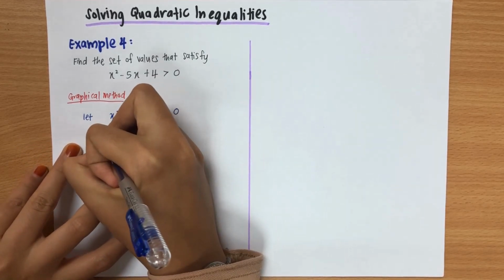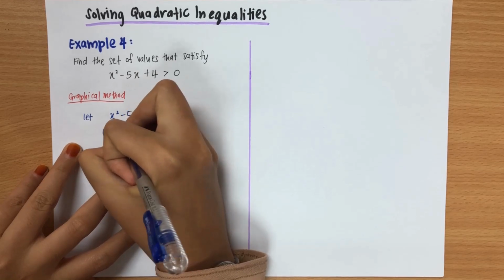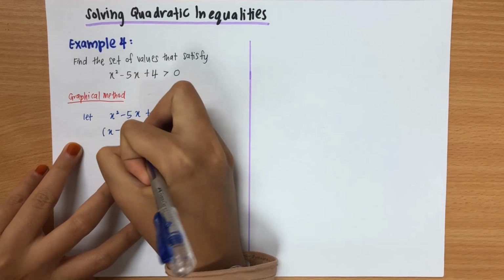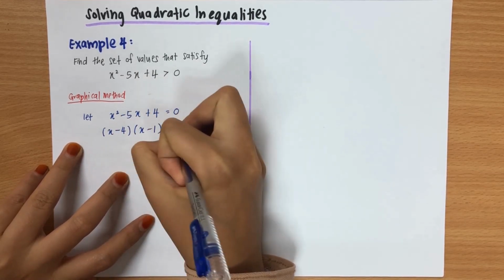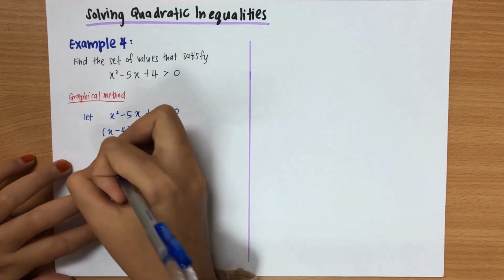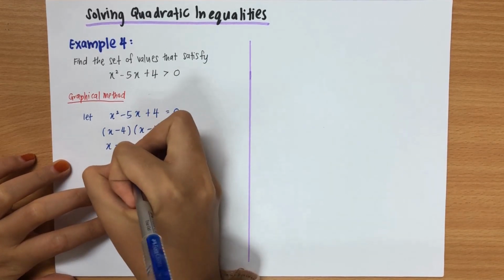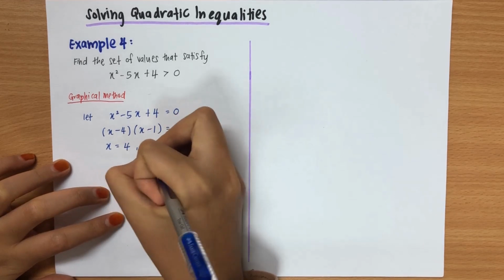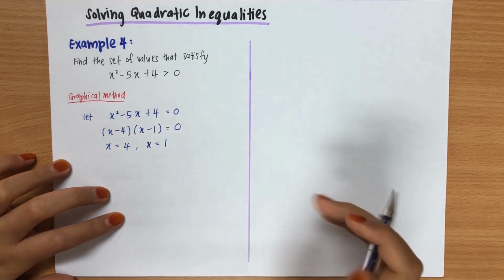Factorize this equation and we will get x minus 4 and x minus 1 equals to 0. So there are two values of x, that is x equals 4 and also x equals 1.